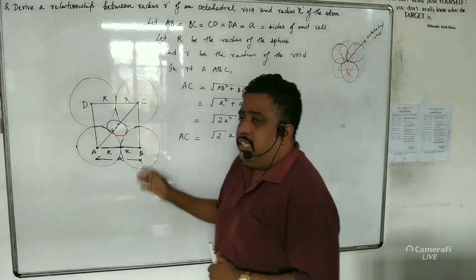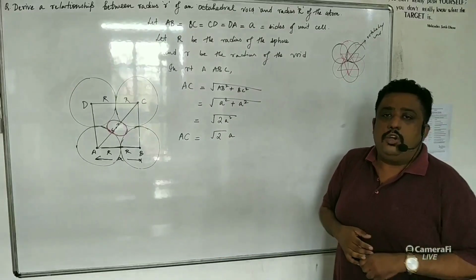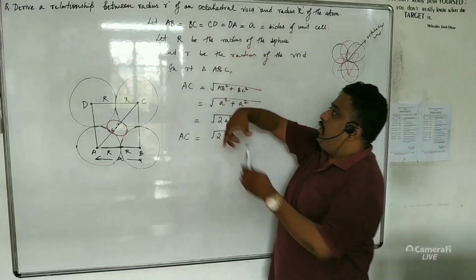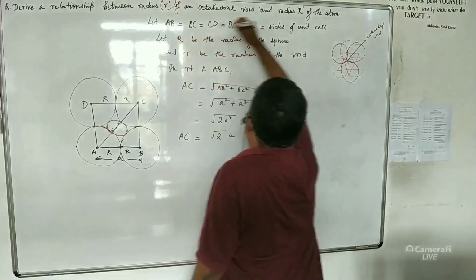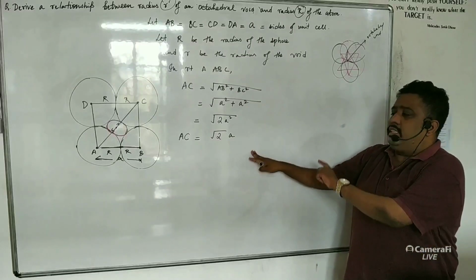A is called the edge length of the cube. Now A is not of much significance, because you are going to find the relationship between small r and capital R. So A is not of much significance after this point.